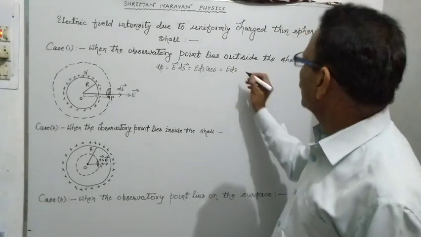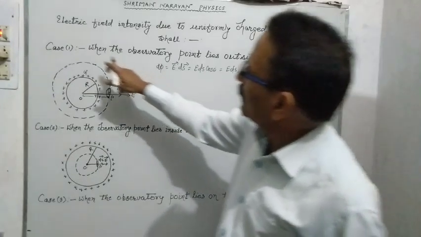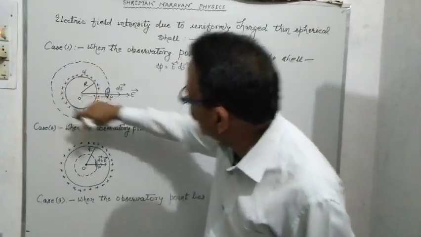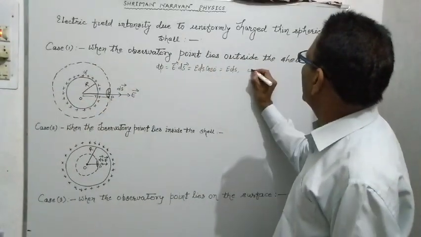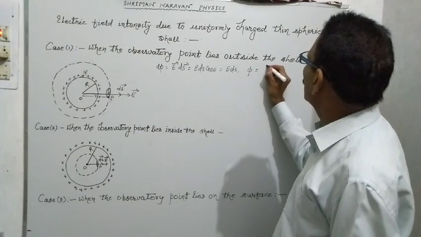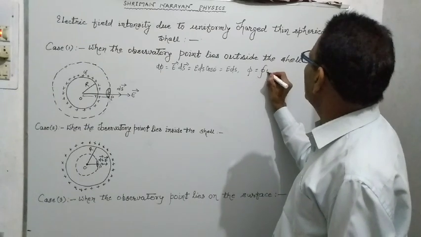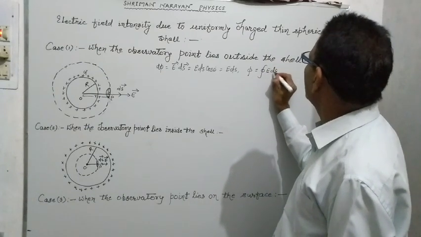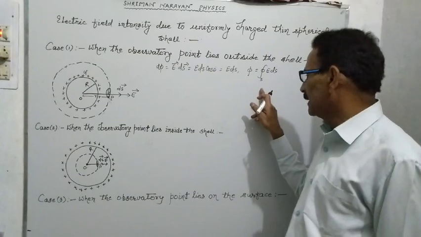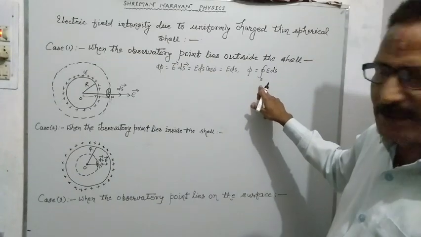Now the total electric flux associated with this entire Gaussian surface can be given as phi equals closed integral of vector E dot dS, meaning E dS. Here this resembles the surface integral.